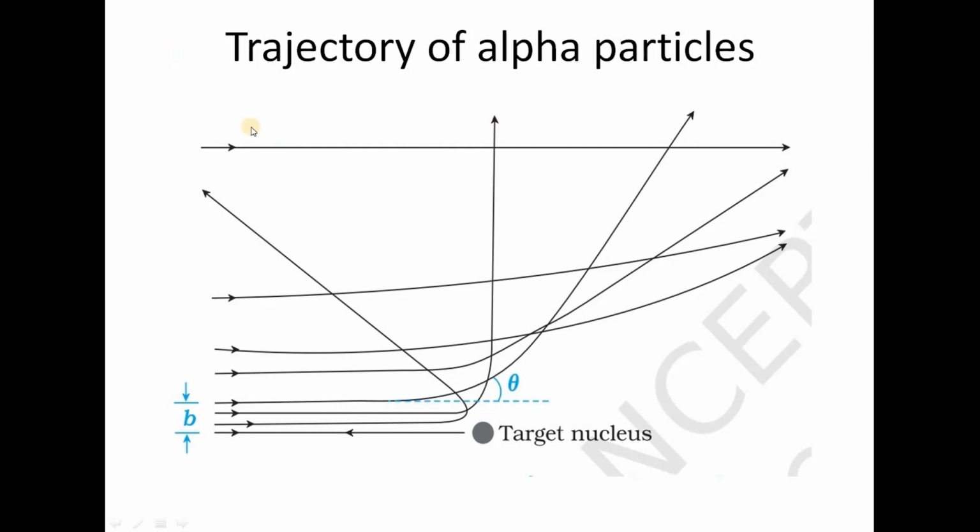What I mean is the alpha particle which is directed towards the nucleus, that is for head-on collision, gets deflected through 180 degrees. Now we are going to learn in detail the head-on collision of the alpha particle with the target nucleus.